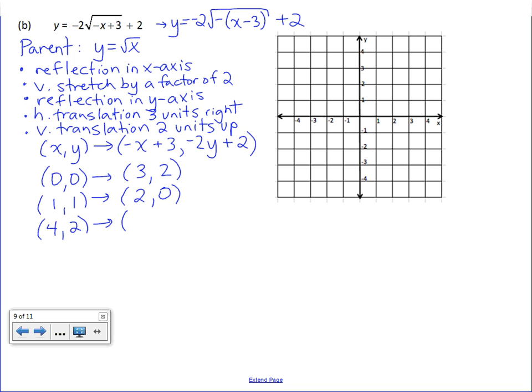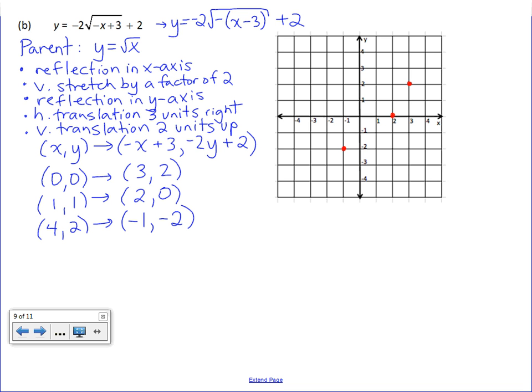And then (4, 4): -4 plus 3 is -1, and -2 times 2 plus 2, lots of 2's, the answer is -2, I think. Okay? Now join them. So (3, 2), (2, 0), (-1, -2). Remember where you started here, okay?